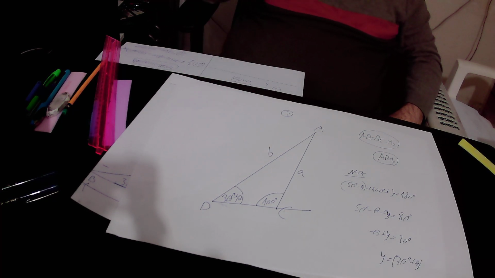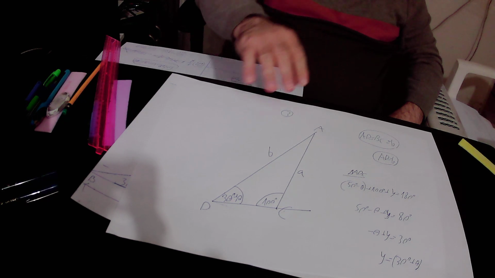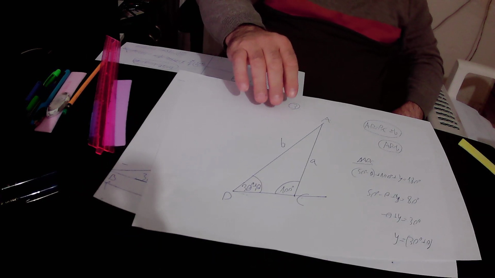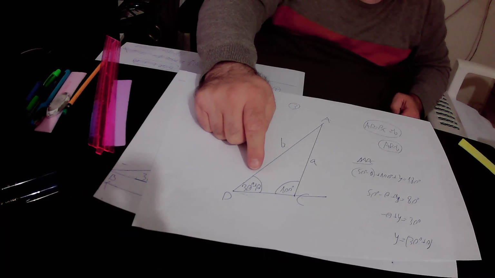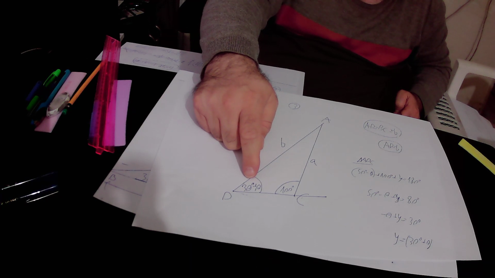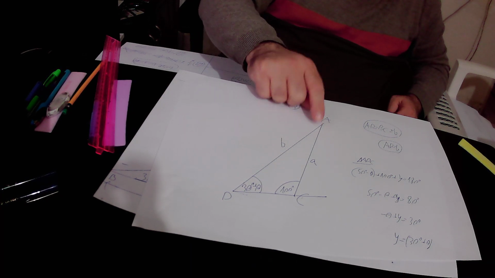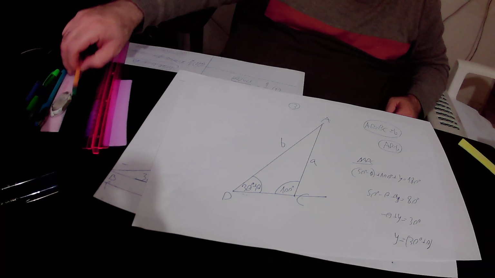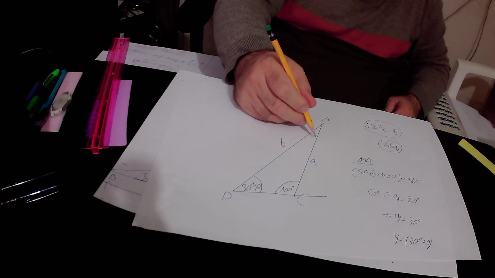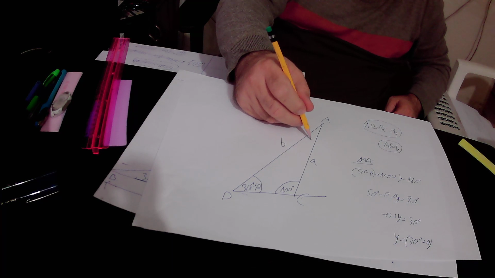And here we found out the value of the missing angle that we are looking for. Here we have already found out that angle CAB equals 50 degrees.